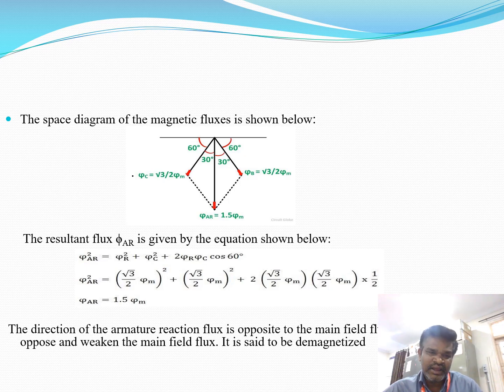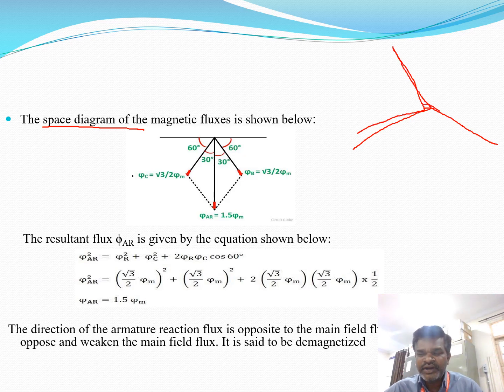This diagram is also called a space diagram of magnetic fluxes, because all three are displaced by 120 degrees. You can take reference at any one phase and draw the remaining phases in the opposite direction.